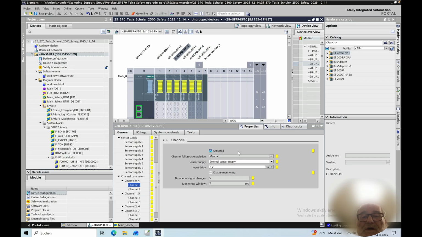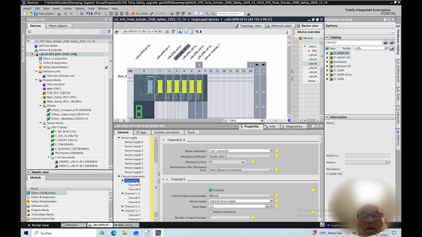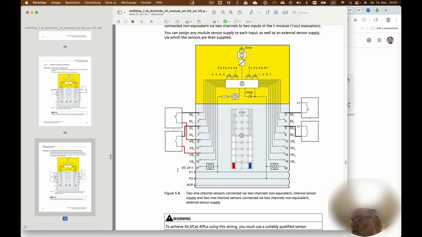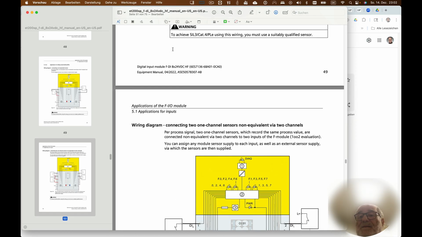With the 1oo1 evaluation, you have to actually select the sensor supply, and you can select whether you want to use the sensor supply with the pulses from 0 to 7, or you can just choose an external sensor supply, which I have in this case.